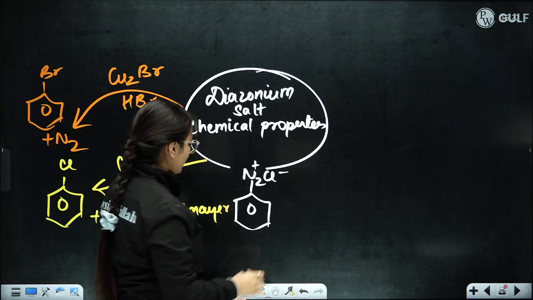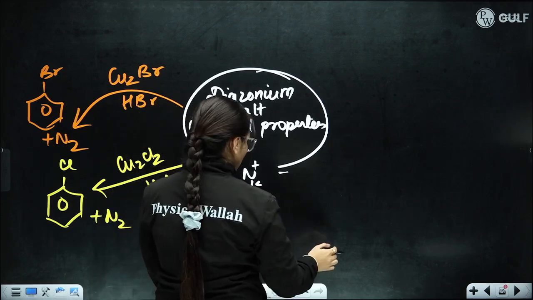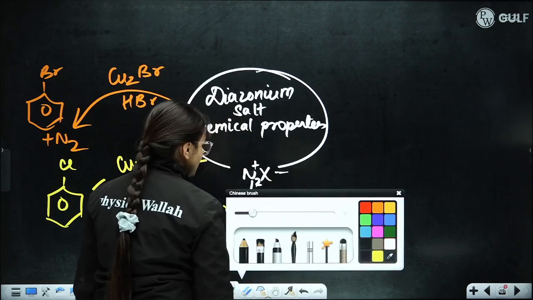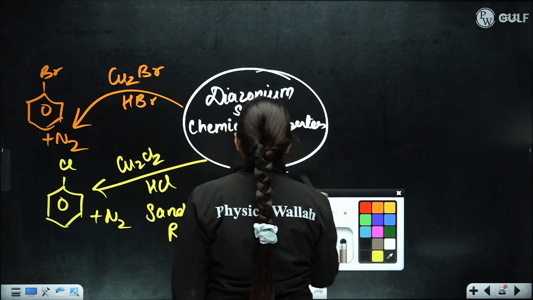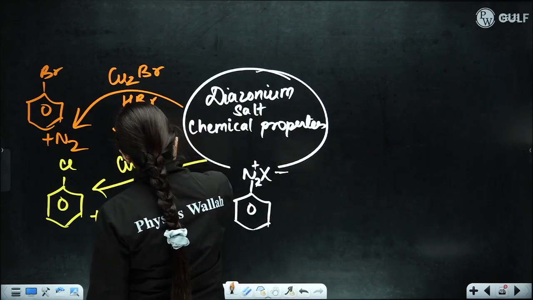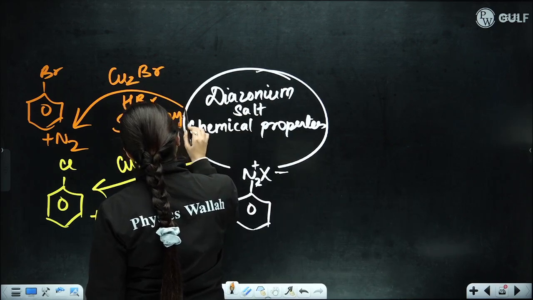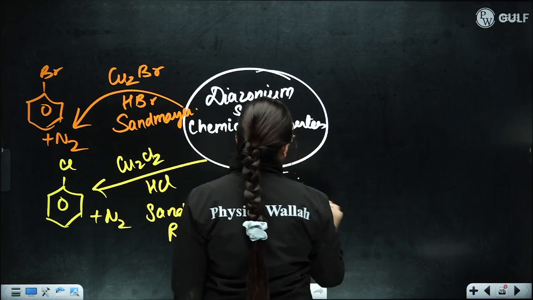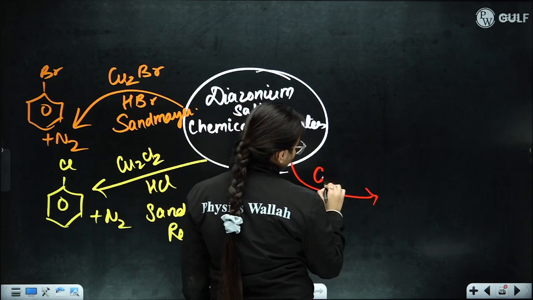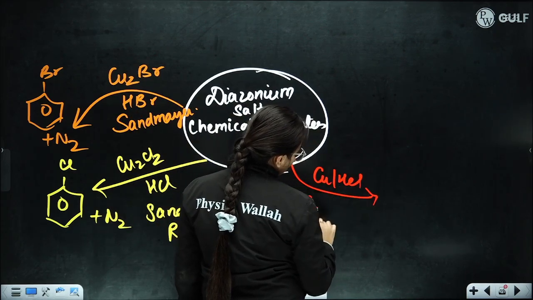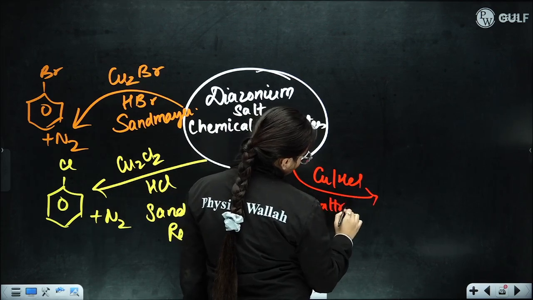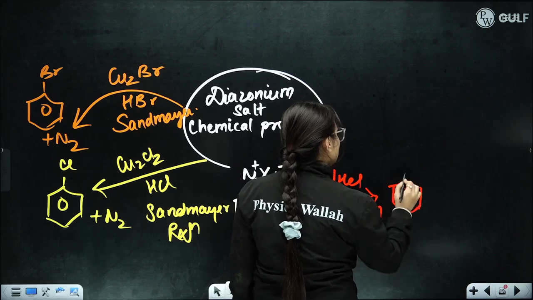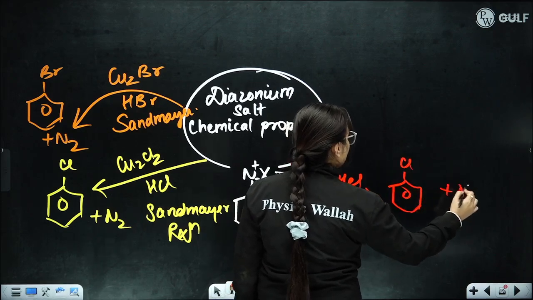Here one thing you can do is take X negative. So that will be much better. So they both are Sandmeyer reactions. Now, if you are taking Cu with HCl, this is your Gattermann reaction. Here also you will obtain chlorobenzene liberating N2.